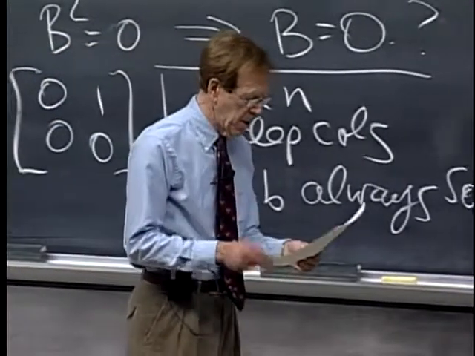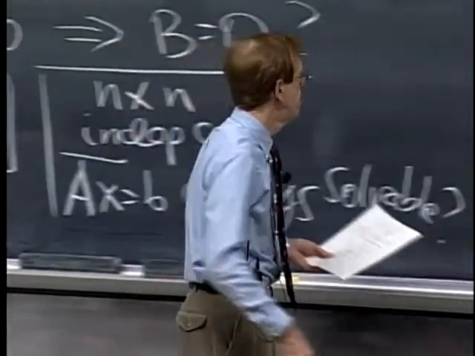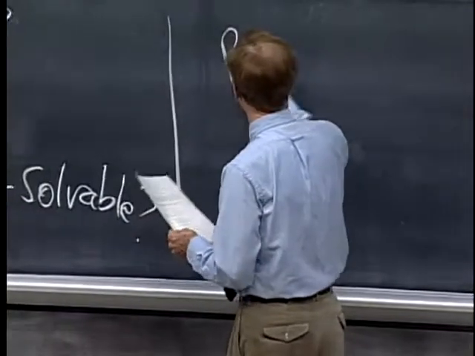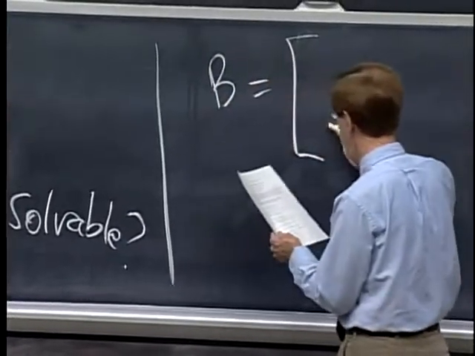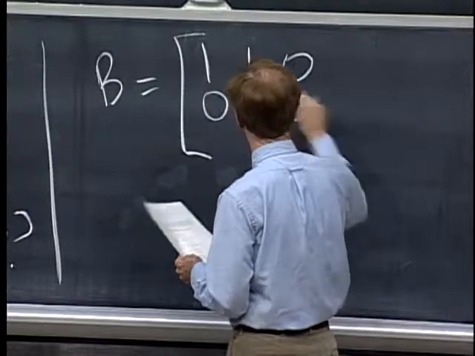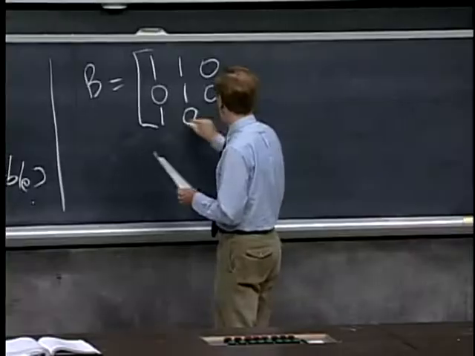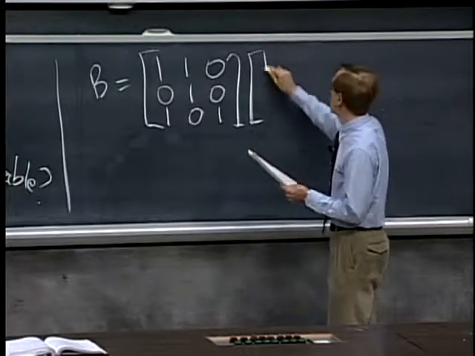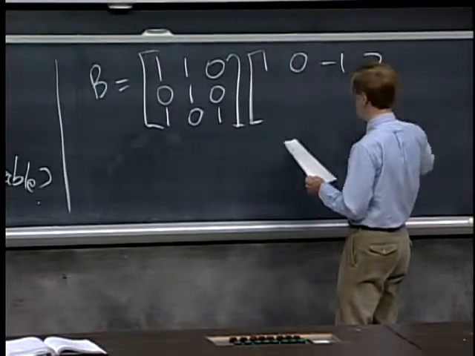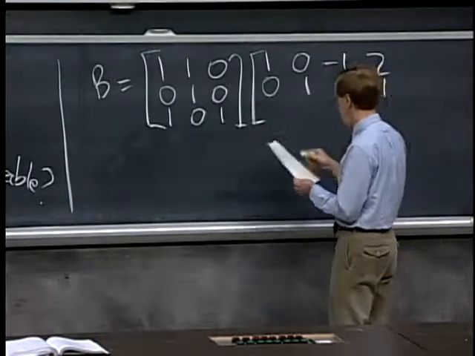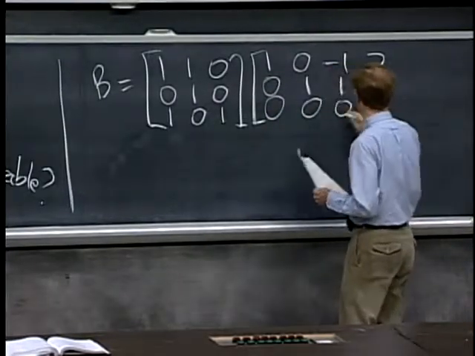I'm going to give you a matrix, but I'm going to give it to you as a product of a couple of matrices: 1, 1, 0, 0, 1, 0, 1, 0, 1, times another matrix, 1, 0, minus 1, 2, 0, 1, 1, minus 1, and all zeros.